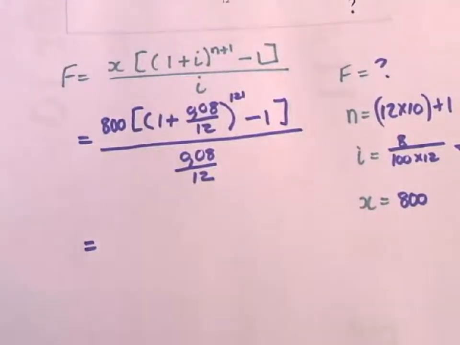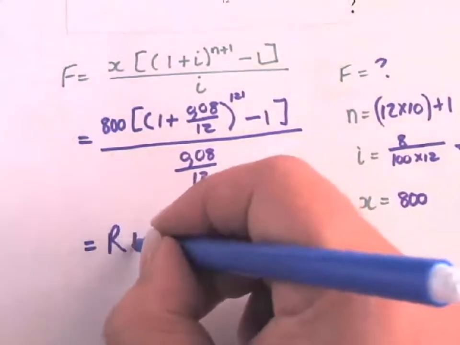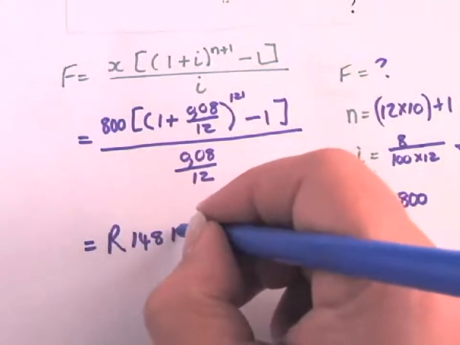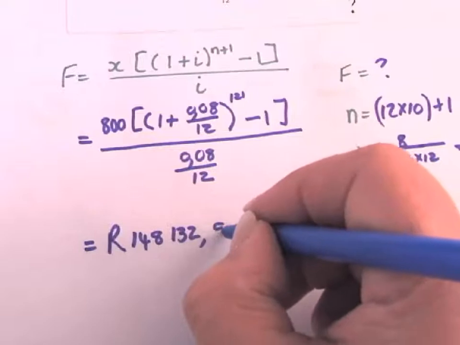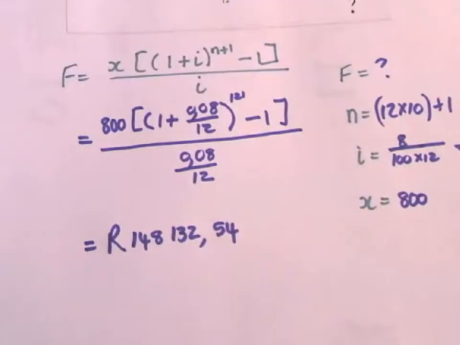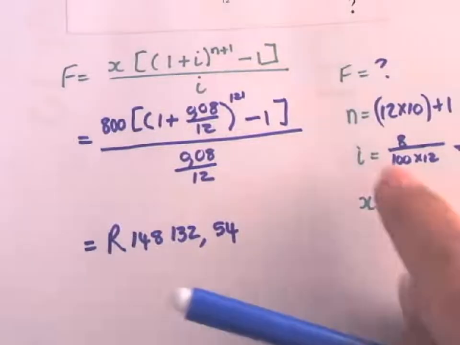When you calculate that, remember to write your Rand. 148,132.54 is the answer. Any questions? No. Who doesn't understand? Yes? So, ma'am, the 121 payments is the N. That's the N.